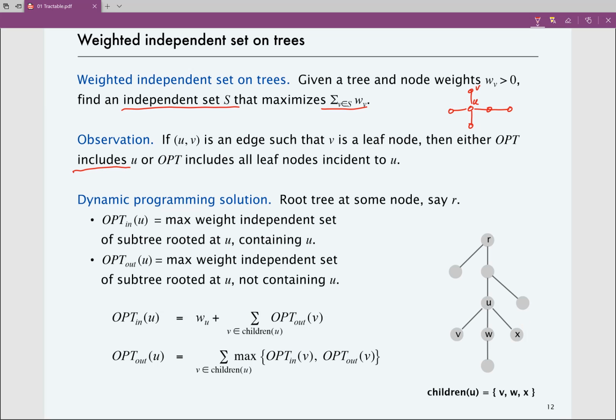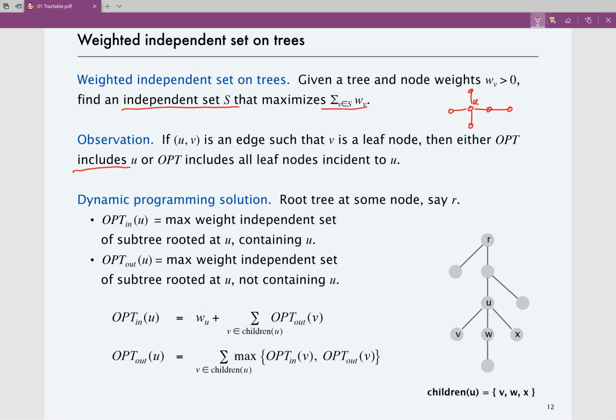If you choose to include node U, then you cannot include V or any of these nodes adjacent to U, because the nodes need to be independent. But if you do not include U, then there's no reason not to include V and all of these other leaves adjacent to U.